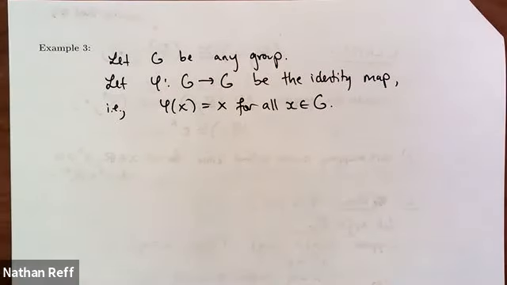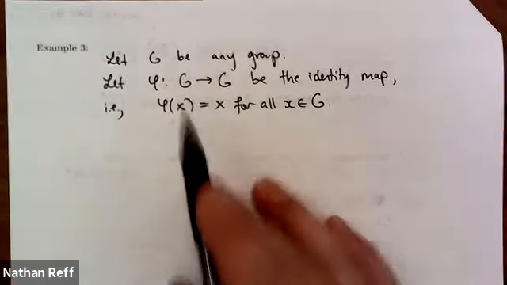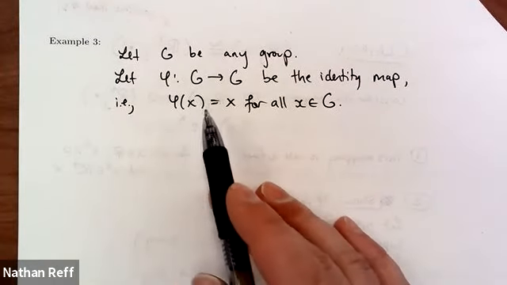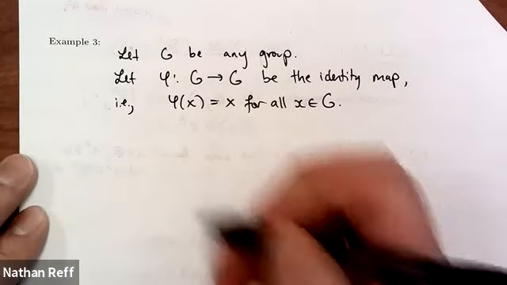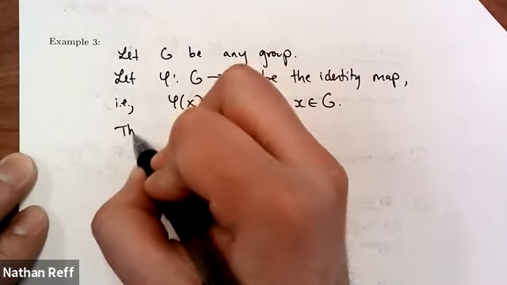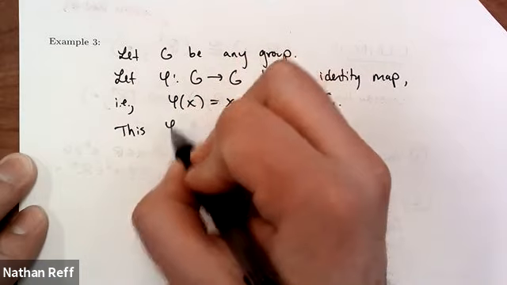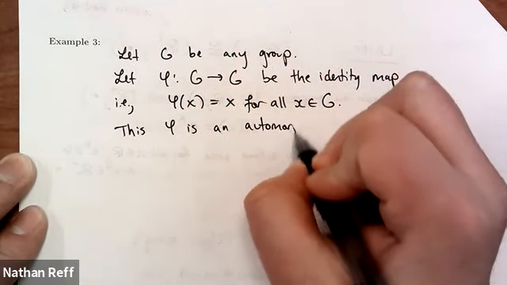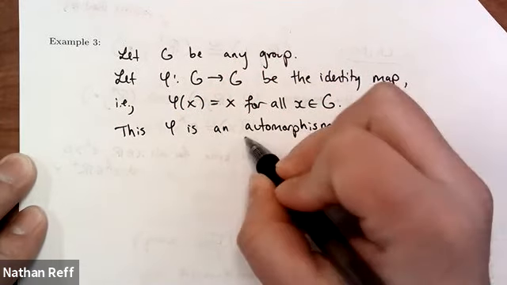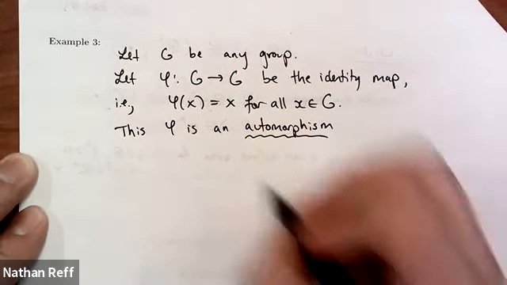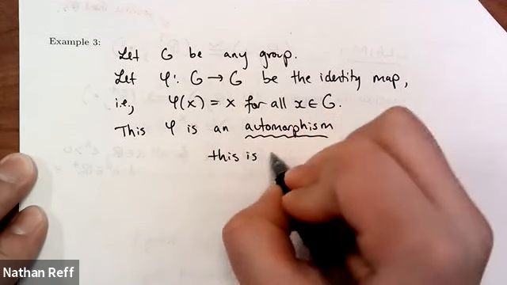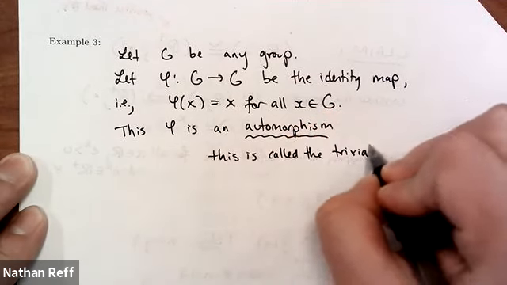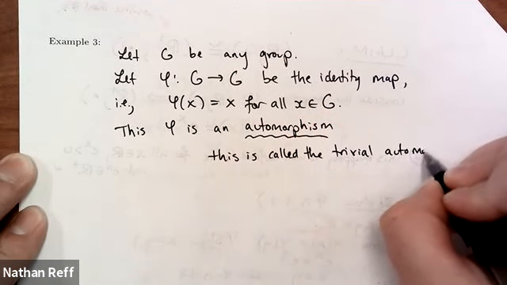So kind of a not very interesting function. It's well defined, it's one-to-one, it's onto, and it is operation preserving, but it is pretty boring. So this phi is an automorphism, but it's kind of a trivial one. This is called the trivial automorphism.